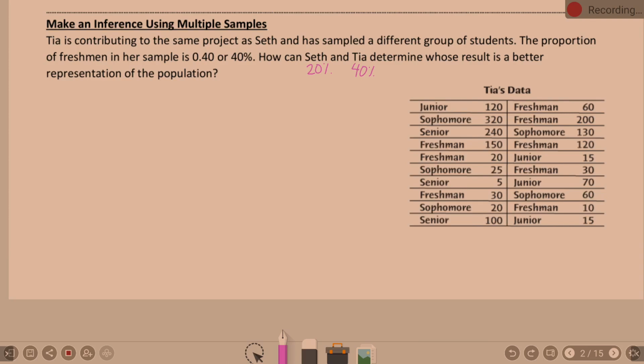How's that going to help me? It would provide a different view. And I'm not just talking about one more, but say, instead of just having 2 samples right now, what if we had 20 samples? Can we then look at what's the percentage of freshmen in each sample?